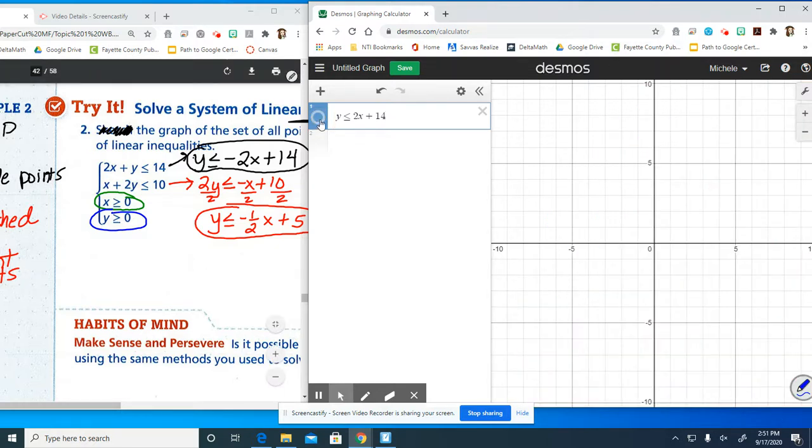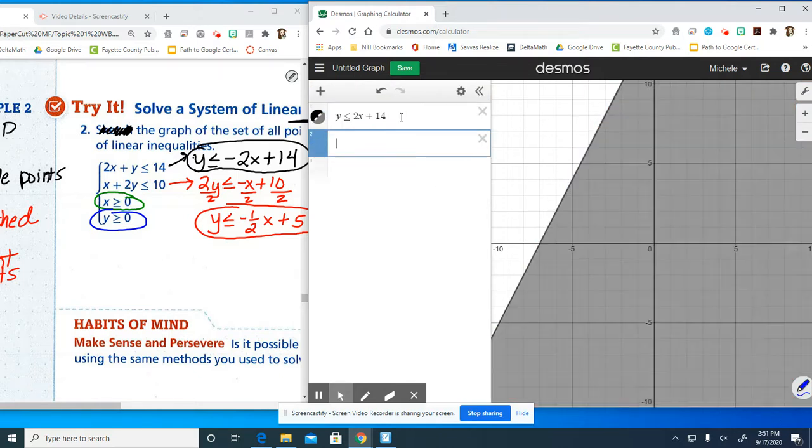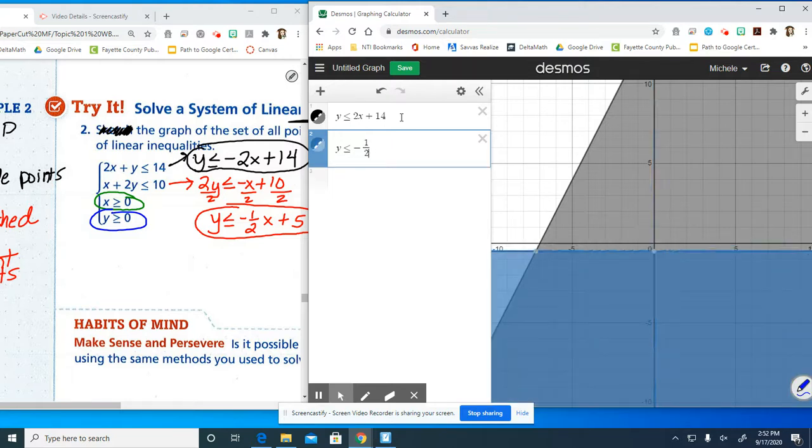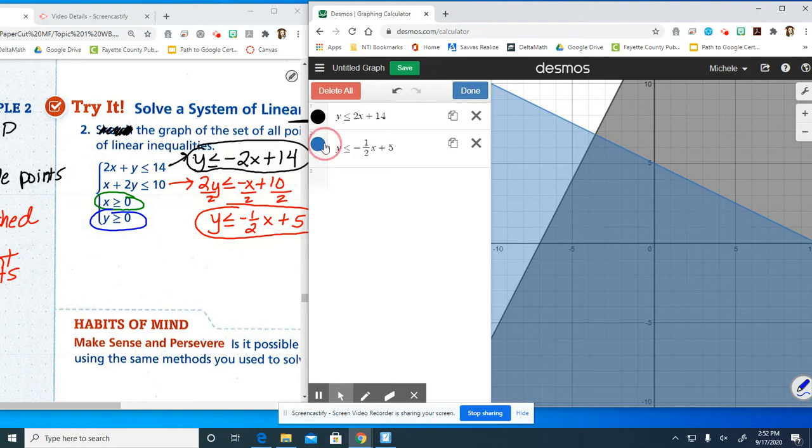Now I'm going to change the color here because I want it to match my color coding. Then I'm going to graph y is less than or equal to negative 1/2 x plus 5, and I'll change the coloring again because I want it to match.